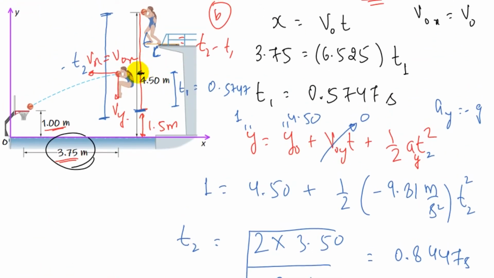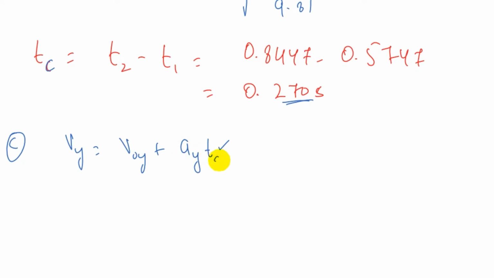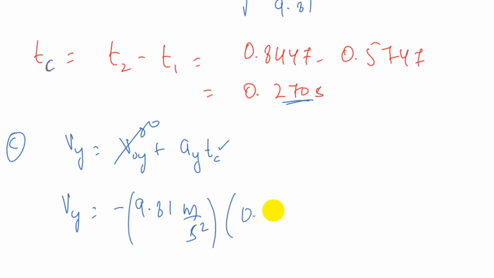So you can put tc here. Now you can put the values. V naught y, this is 0. So Vy is equal to Ay. Now Ay we have minus 9.81 meter per second squared multiplied by tc 0.270 seconds, and that is equal to minus 2.65 meter per second.